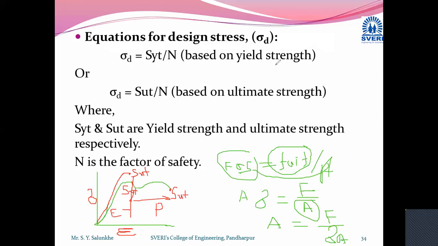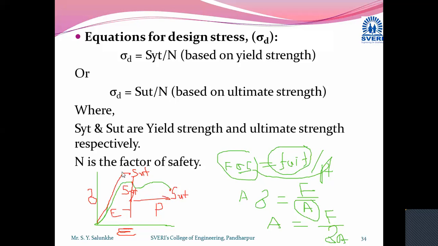So when plasticity starts, we consider it a failure. In that case, the component is not actually cut or converted into two pieces, though we still consider it a failure.